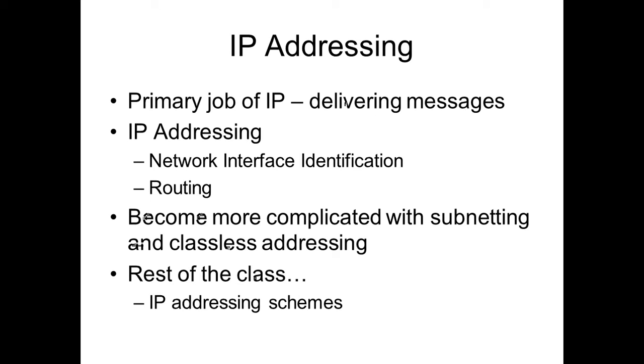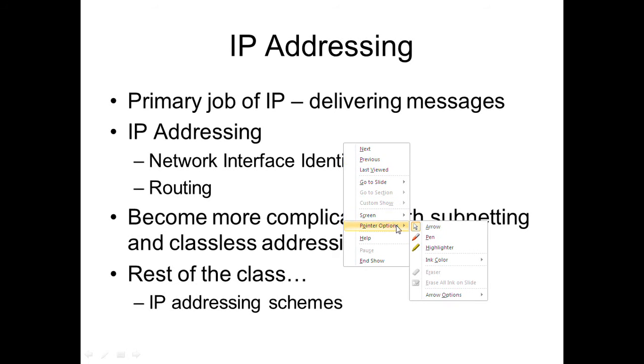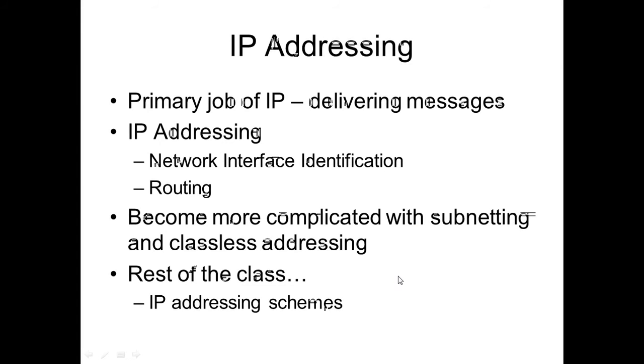Whenever we need to give IP addresses to any device or host, we go to the configuration of the device and give an IP address. Now why do we need to give an IP address? The jobs given in the slide are delivering messages, network interface identification, and routing. But the primary job is to identify a device by its address.